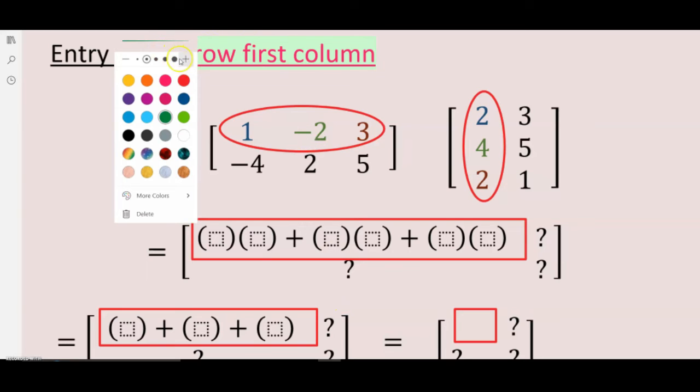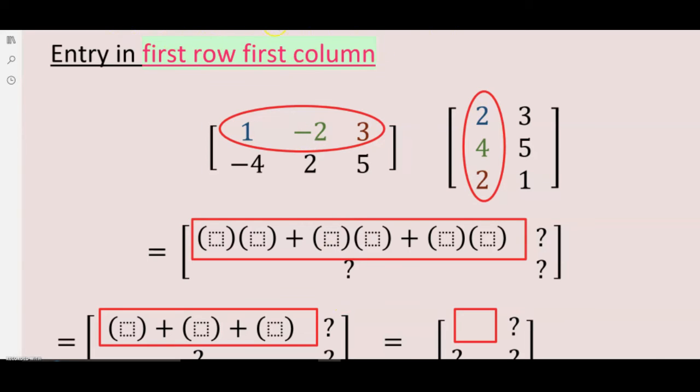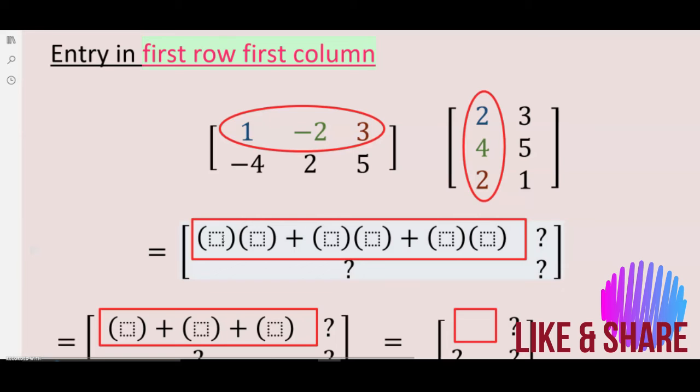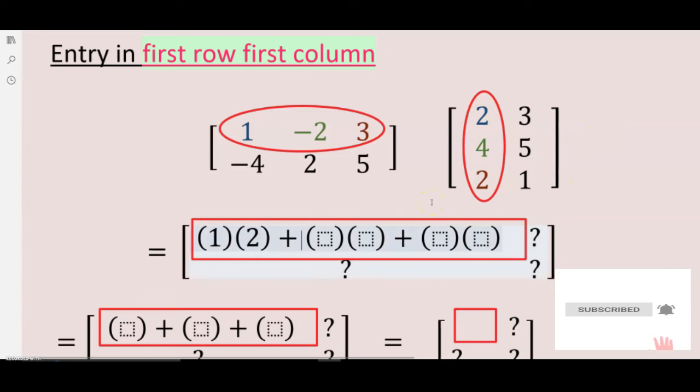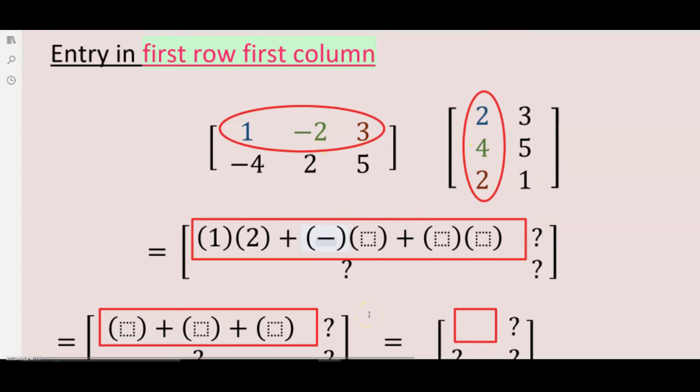So let's do the multiplication. This is 1 into 2. So the first entry, that is 1, and the first entry of the column, that is 2. Similarly, minus 2 into 4.